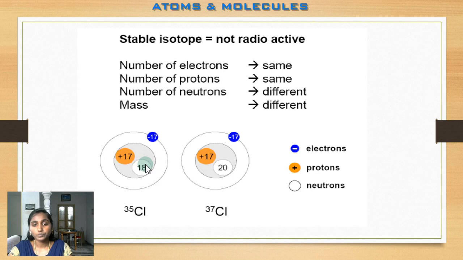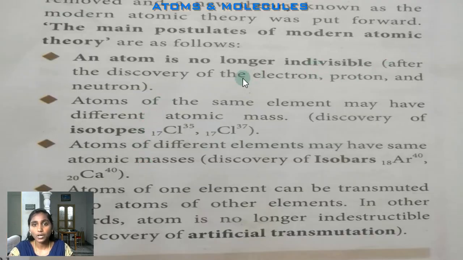So see the point. In the beginning they had not discovered the electron, proton and neutron, so they said an atom is indivisible. But after the discovery of electron, proton and neutron, they said an atom is no longer indivisible.